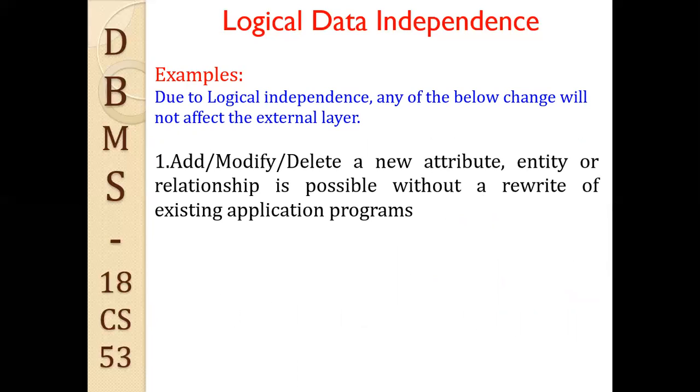Like adding, modifying or deleting an attribute. Initially, for the banking database, for a particular customer they maintained details like customer name, customer address, customer phone number. If I try to access the data, my account number and balance will be given to the user. Now again they change the structure of the customer.